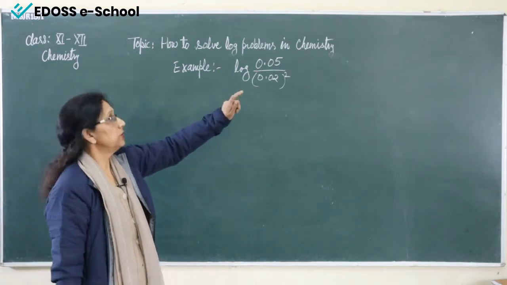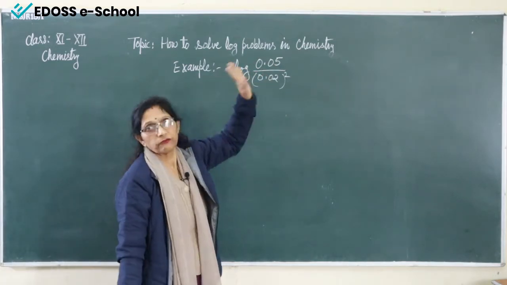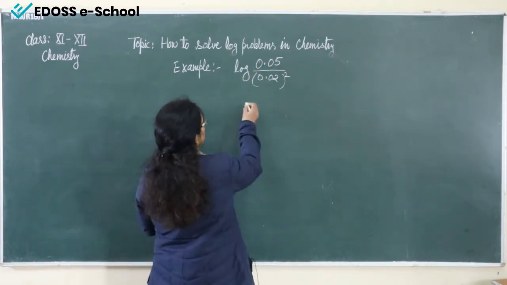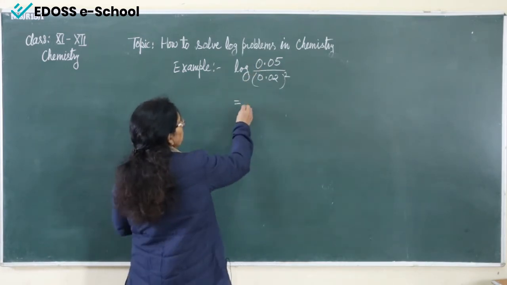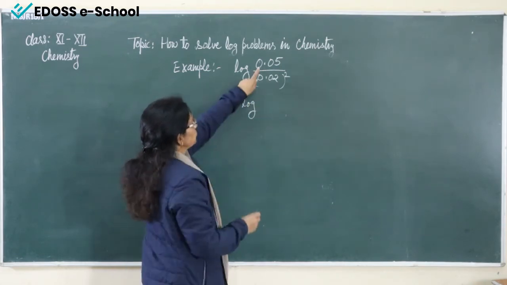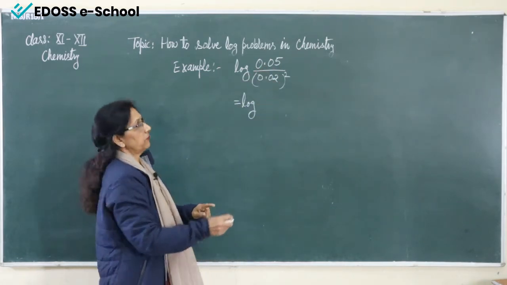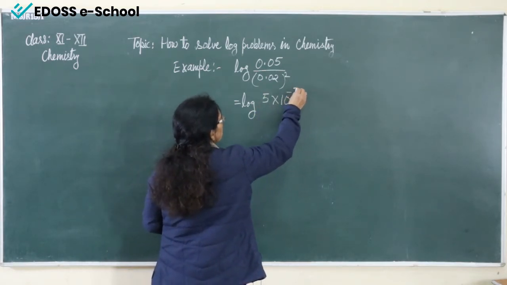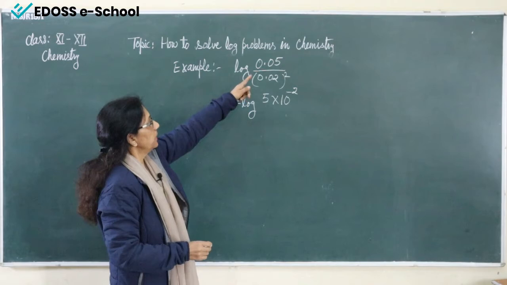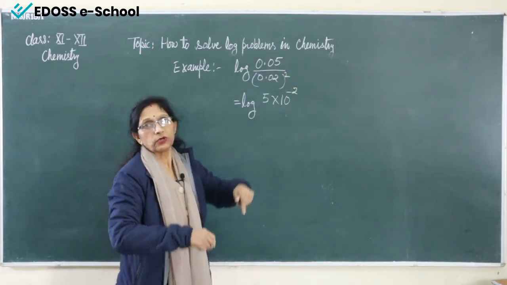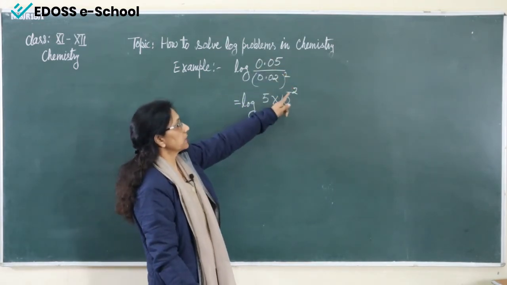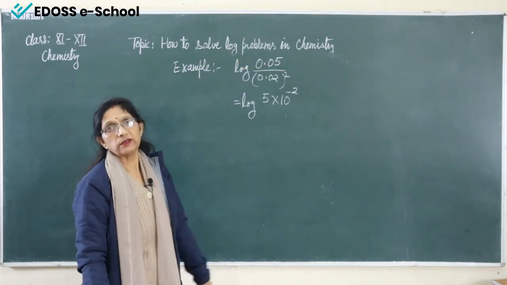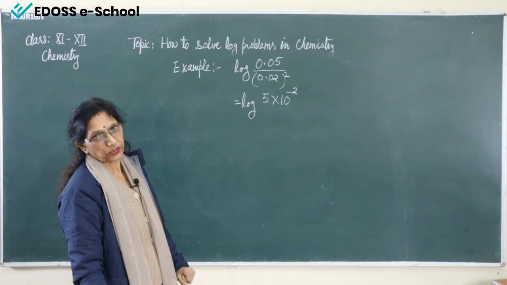So how we will do it? First we will solve this decimal part. Now see here. This is equal to log. So 0.05, we can write it 5 into 10 raised to power minus 2. Because if the decimal is shifting towards the right hand side, the power comes in minus. If the decimal is shifting left hand side, then the power is coming in positive.